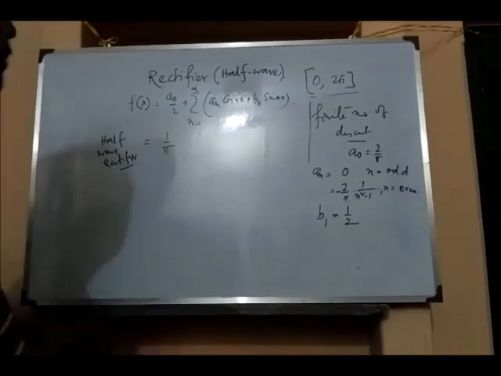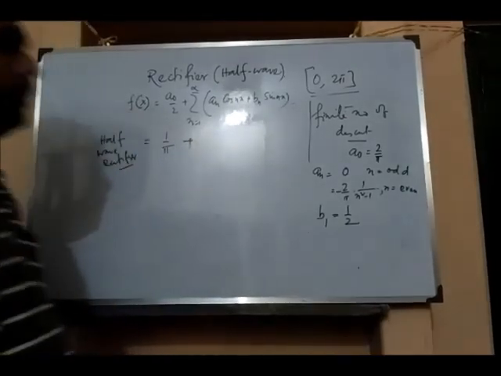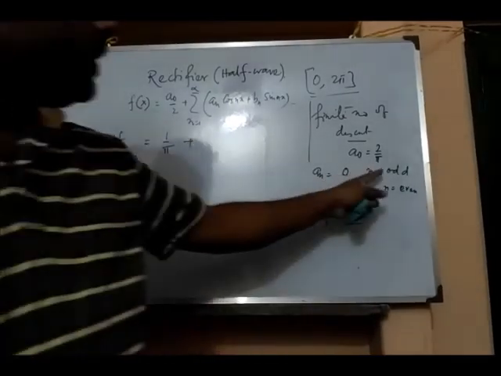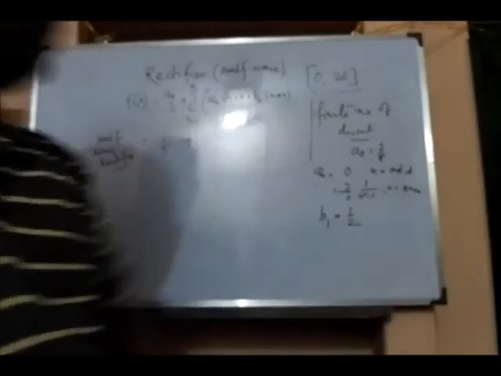Okay, so 1 upon pi plus, for n odd, this becomes 0.